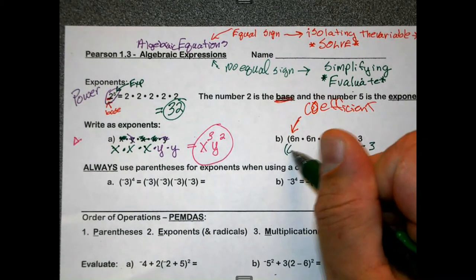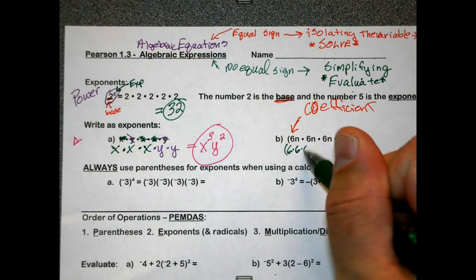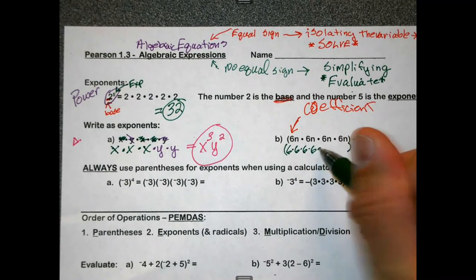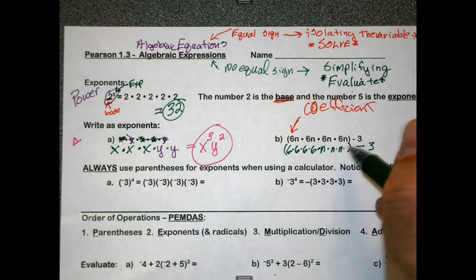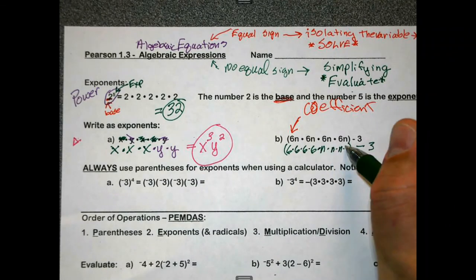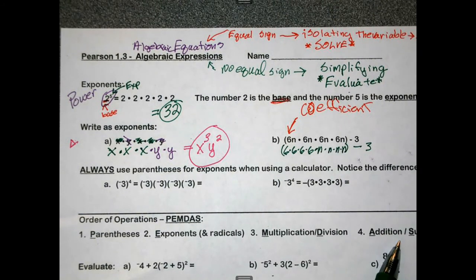I've got 6 times 6 times 6 times 6 times n times n times n times n minus 3. Watch your PEMDAS. I got to do my parentheses first, and inside the parentheses, I have multiplication, right? So parentheses, multiplication. I can't do anything with this 3 because it's bottom of the totem pole here.